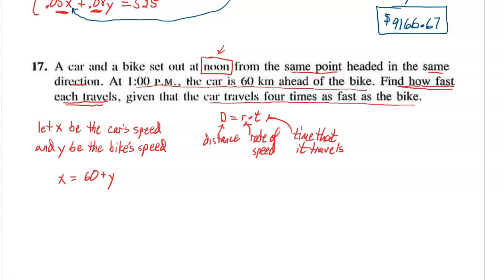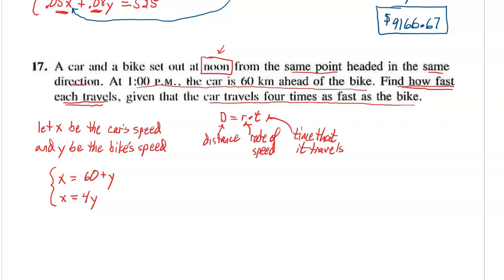Now, let's use the very last sentence to get another relationship. It says the car travels 4 times as fast as the bike. So the car's speed equals 4 times the speed of the bike. Here is our system. Now observe in this system how the first equation has the letter x alone.